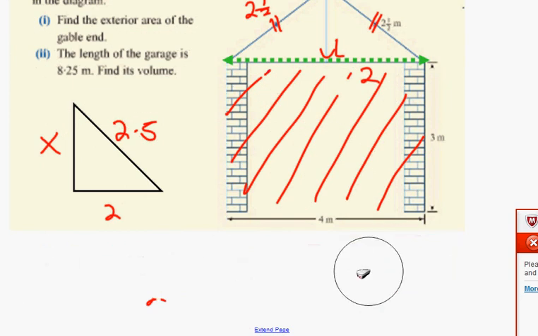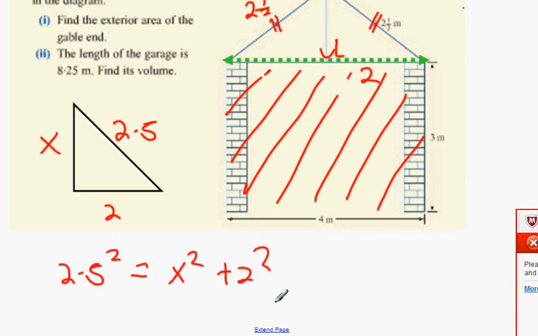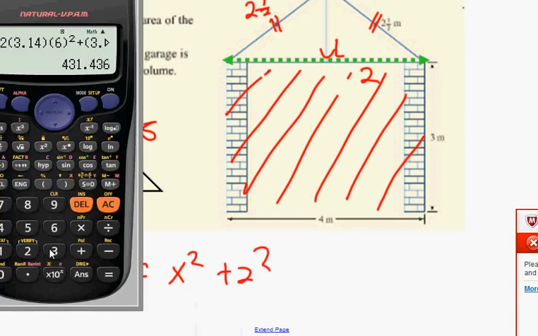But just to let you know, there is an option if you don't find it. Okay? So lads, 2.5 squared equals x squared plus 2 squared. Okay? 2.5 squared equals 6.25.